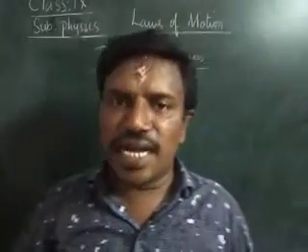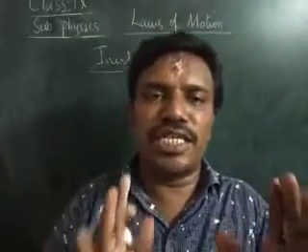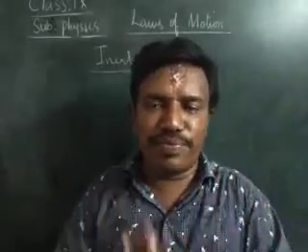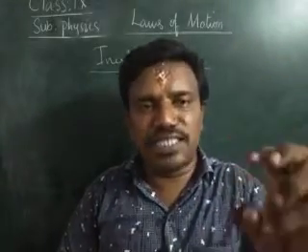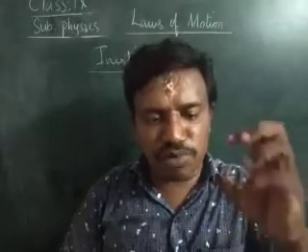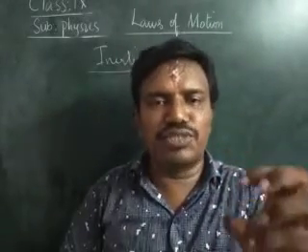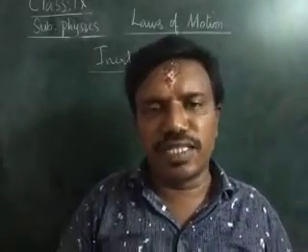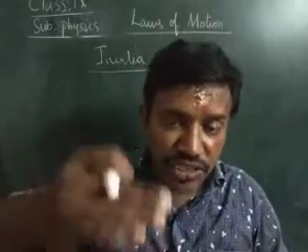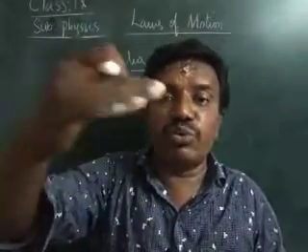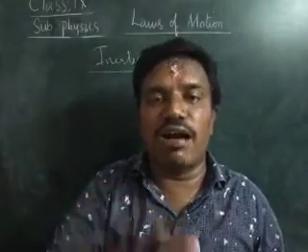Inertia is the resistance of a body to change its state from one to another. That means any body which is at rest, or in motion, wants to stay in the same state of rest or motion. It doesn't want to change. That resistance to changing its state is called inertia.